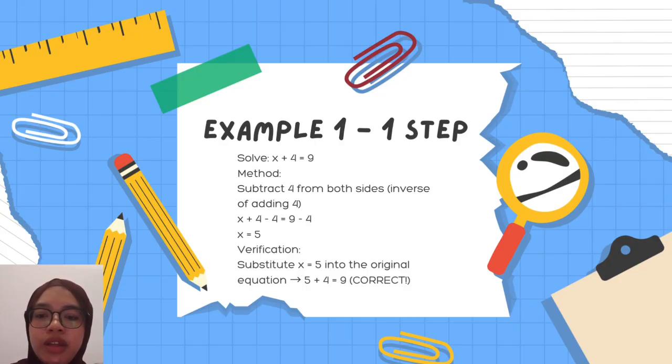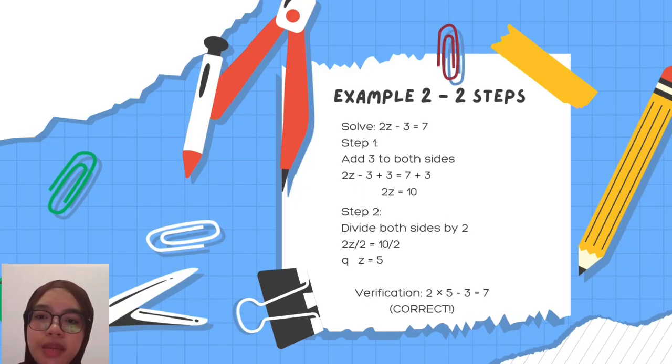Verification: substitute x equals 5 into the original equation. 5 plus 4 equals 9. That's correct.